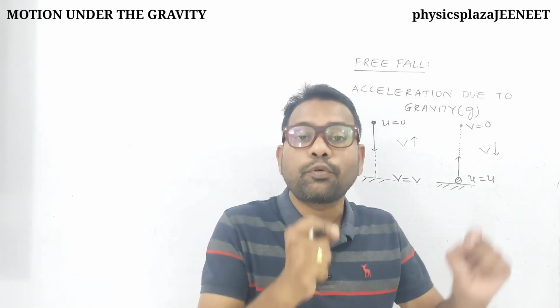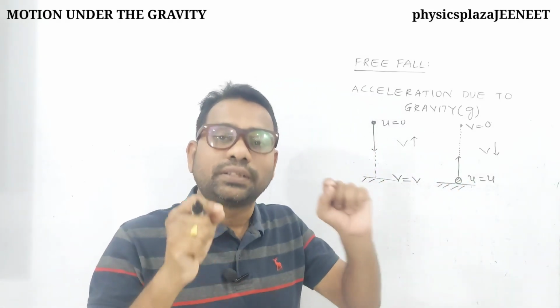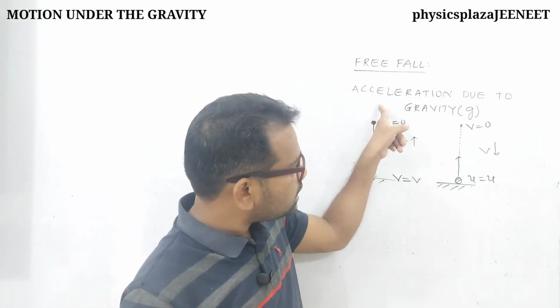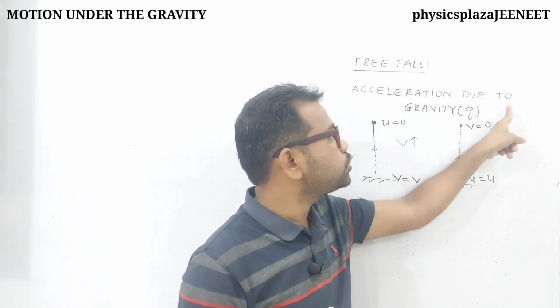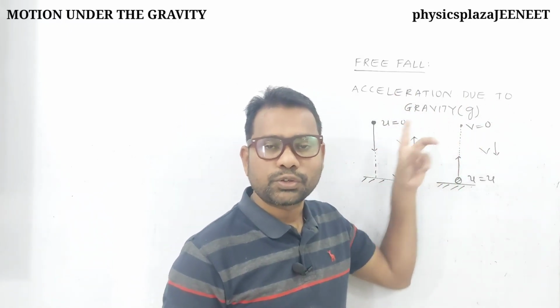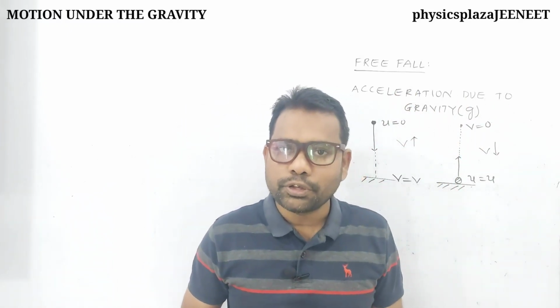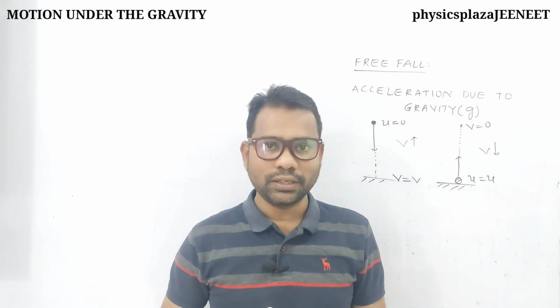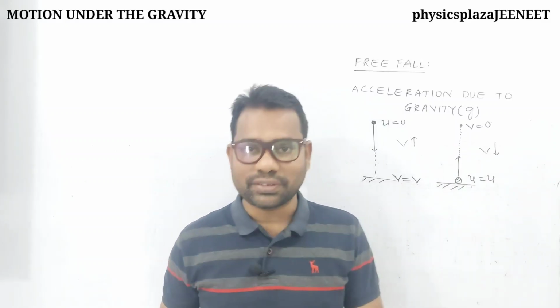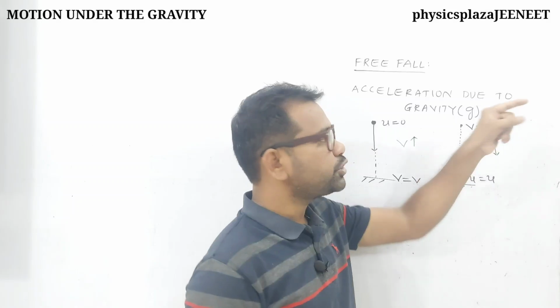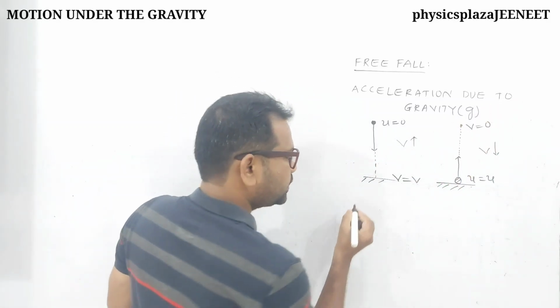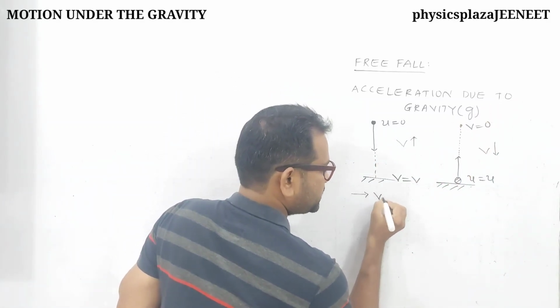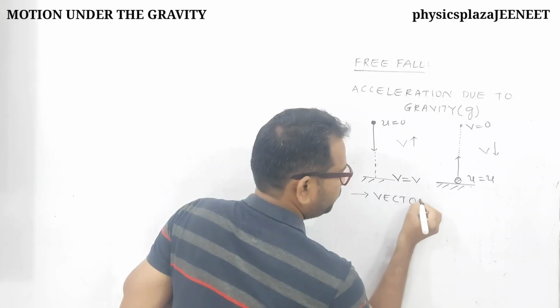Force of gravity. That is why we call this acceleration the acceleration due to gravity. So children, the acceleration produced in a freely falling body due to the force of gravity is called acceleration due to gravity. And this acceleration due to gravity is a vector quantity, very important.